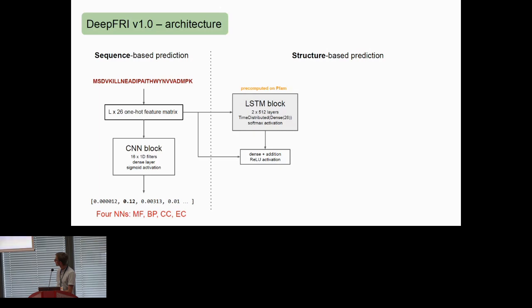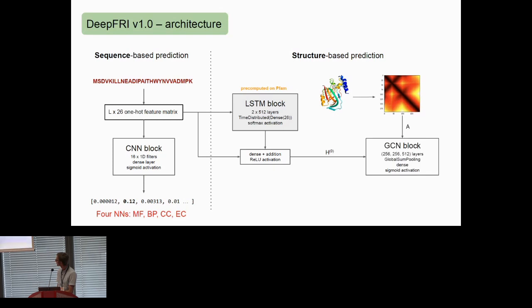So it works kind of like a residual network. And of course, we also utilize the structure information by constructing a contact map, and then it's used as an adjacency matrix in the GCN block with weight initialization based on the output from the LSTM block. But the output is the same, so we have a vector of predictions and also 4 independent neural networks.